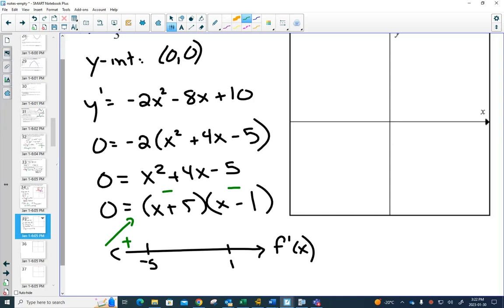Either way, what happened here? When I use the original equation, I get positive 10. When I use this equation, I get negative 10. I'm feeling like something has gone awry, because it shouldn't be different depending on the equation. Or should I have, you know what?